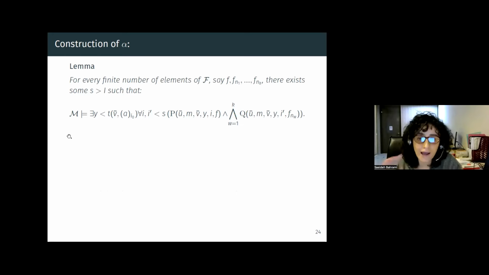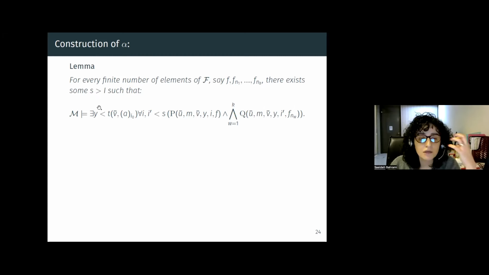But I added some slides at the end of the talk, and I can send the slides to Atar or Raman, and whoever is interested in the proof of this lemma can see the idea of the proof.